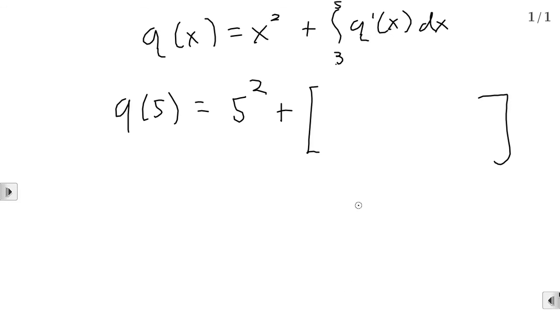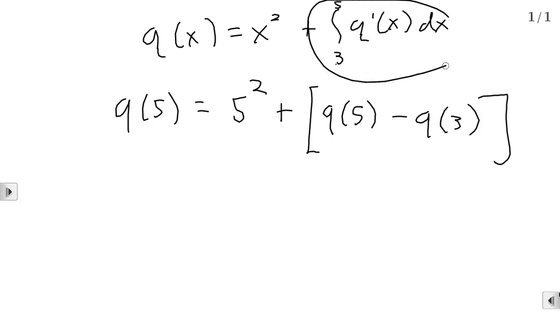That if q is what you're integrating, or if q prime is what you're integrating, do you know that q is the appropriate letter for antiderivative? So really, we're just taking this whole thing and replacing it with the phrase q of 5 minus q of 3.